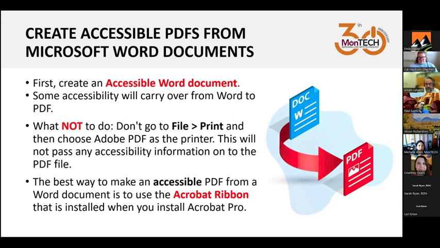So the correct way to do that is to either use File, Save as PDF, or if you have downloaded Acrobat Pro, you will have an extra ribbon in the toolbar called the Acrobat ribbon. Then from there you create a PDF.